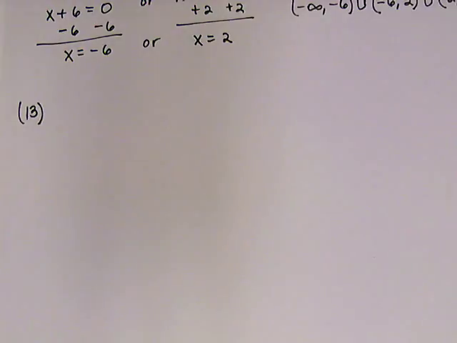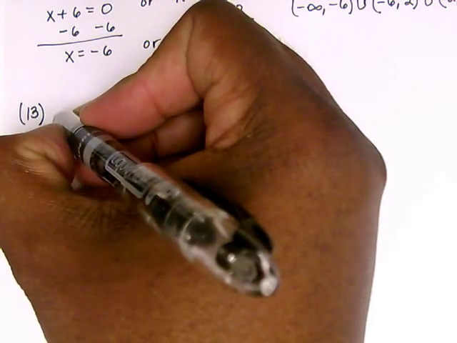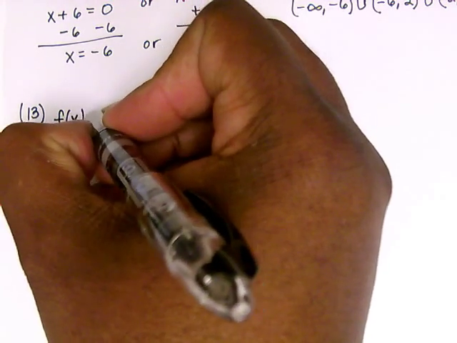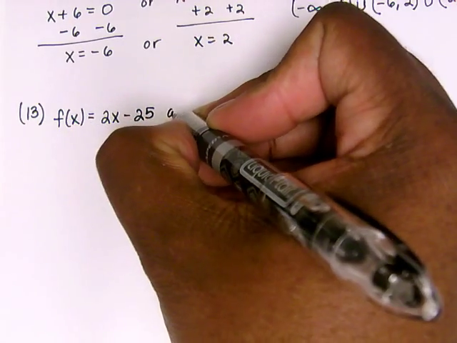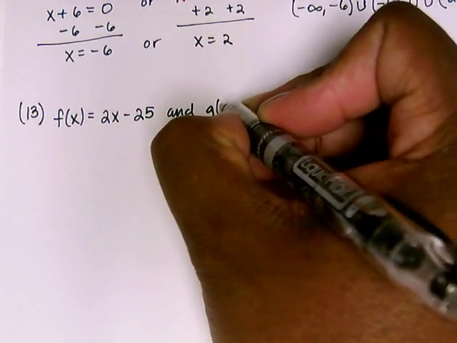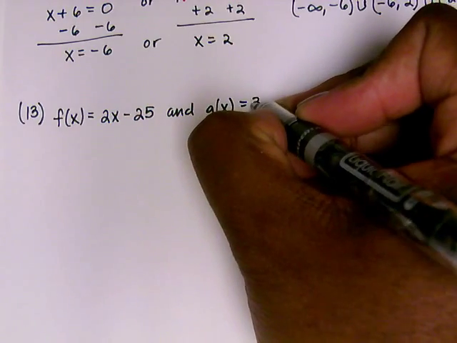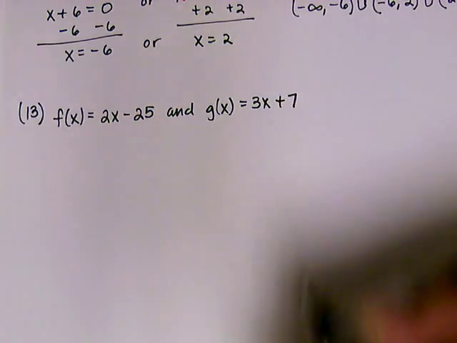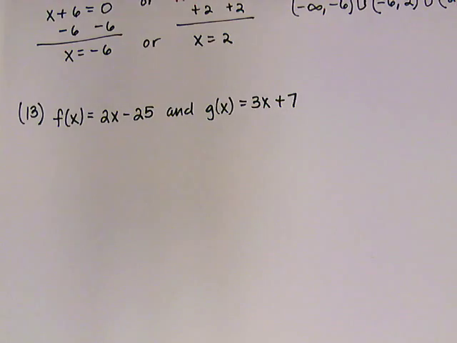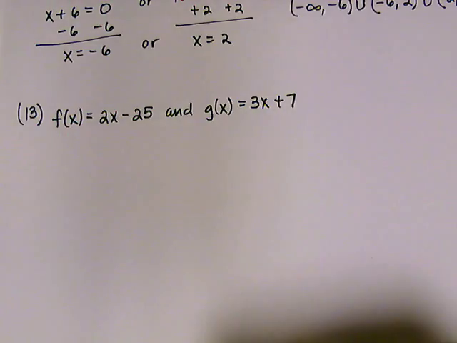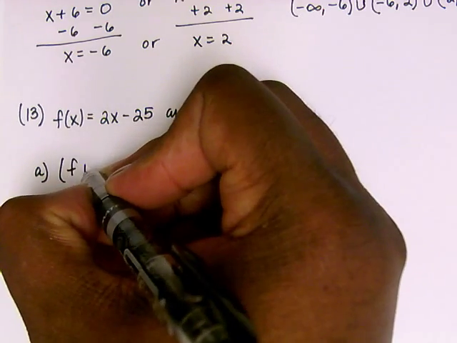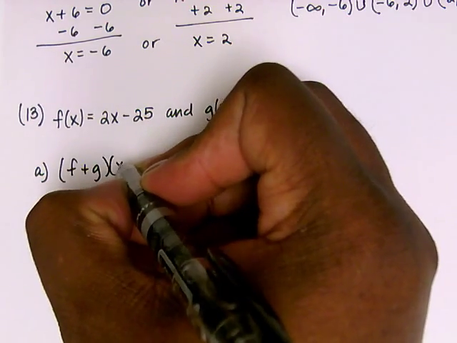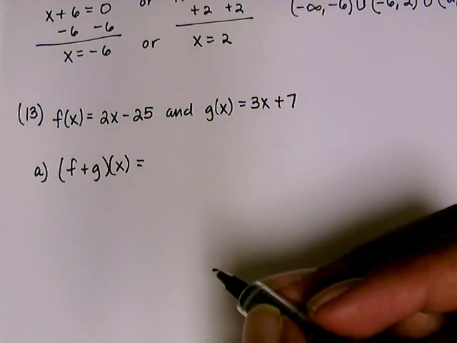Okay. So in this case here, let me go ahead and write down those two functions. f of x is equal to 2x minus 25, and g of x is equal to 3x plus 7. So in part A, we're going to find the sum of those two functions, f plus g of x.